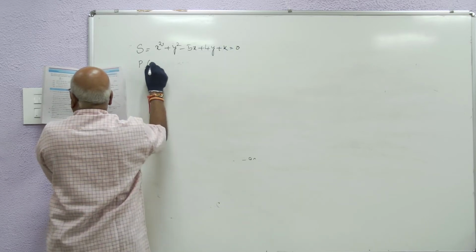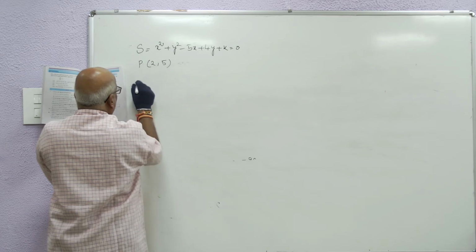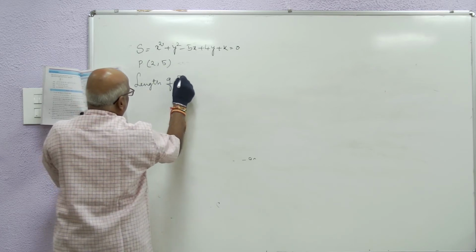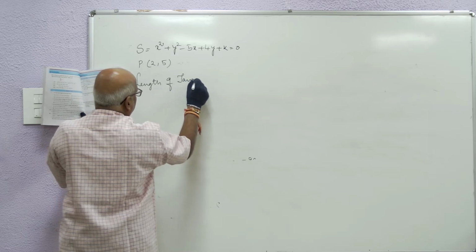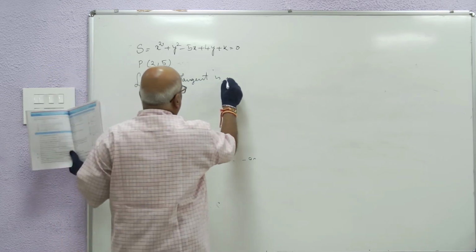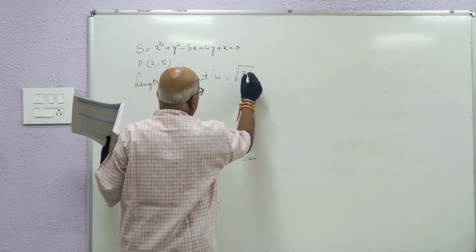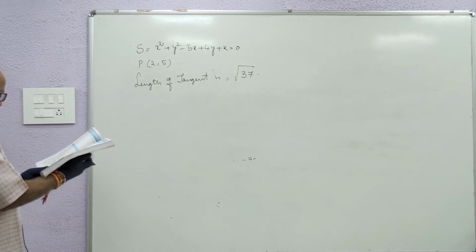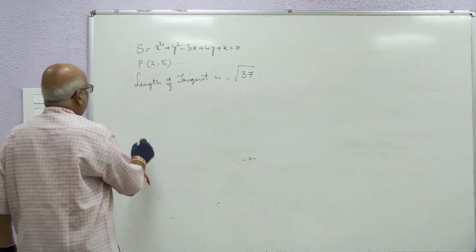Given point 2, 5. Length of tangent is root 37. Then find the value of k.